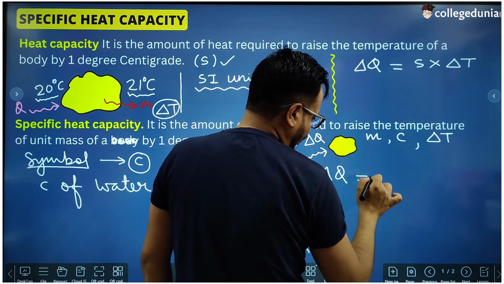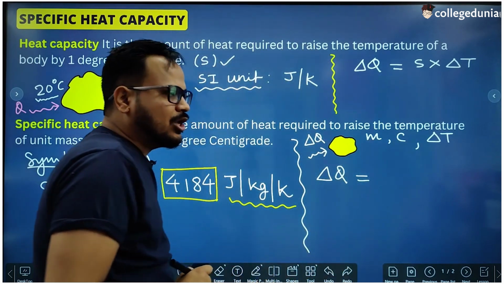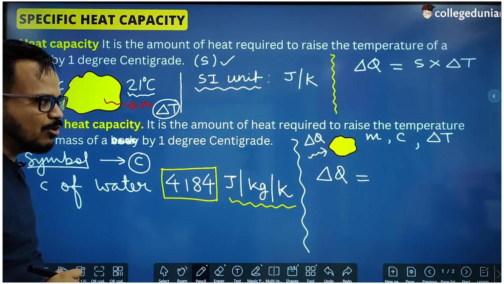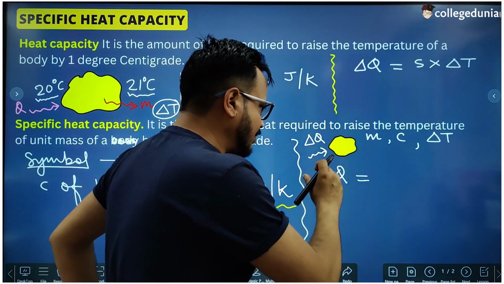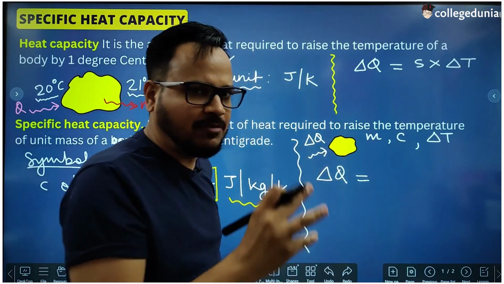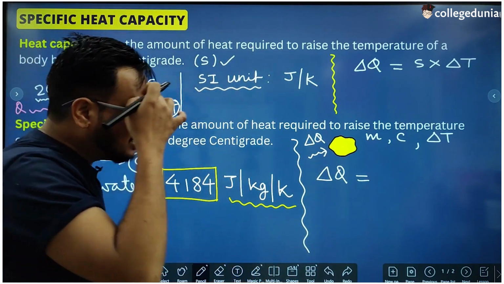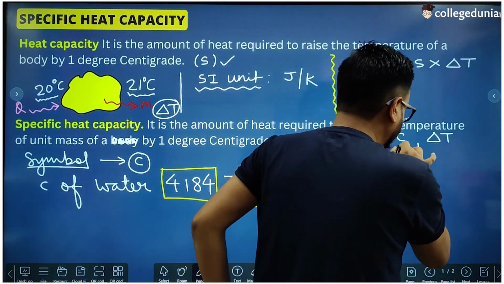So delta Q is what? What is the amount of heat required to raise the temperature of unit mass of this substance by 1 degree? That was c.